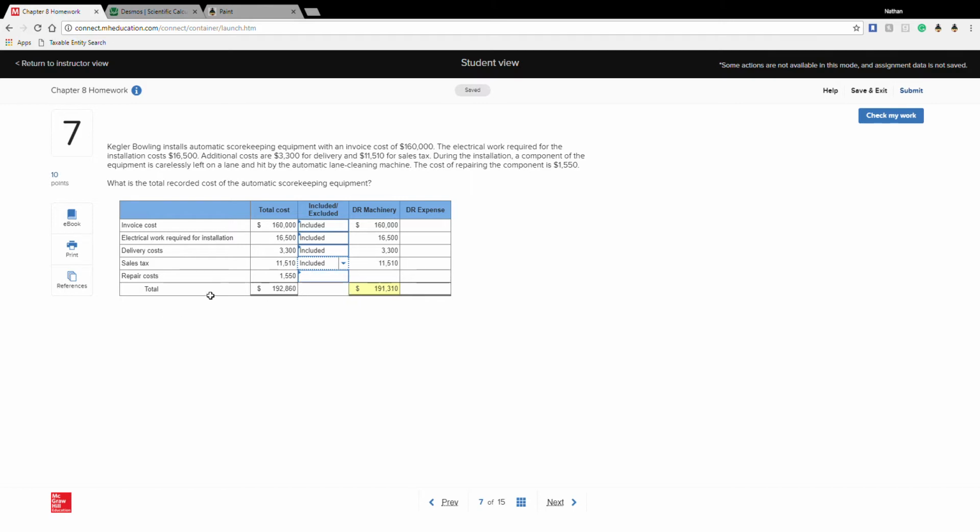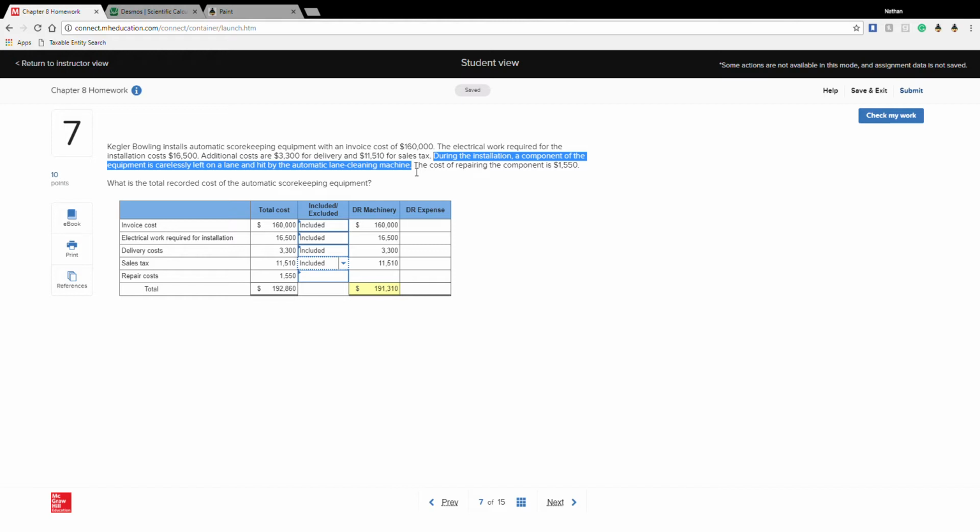Now this repair cost, we're going to have to look at this. One, we got to make sure it doesn't follow any of the rules that would exclude it. Yes, it's repairs. Yes, we need it to set up. But look at this line right here. This is the line that tells everything. It says during the installation, the component of equipment was carelessly left.